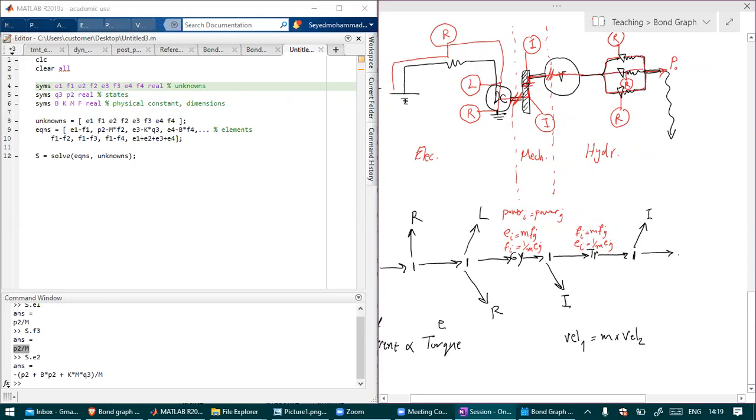The part of the power that flows through the hydraulic system, we have basically the velocity of the motor transforming to the volume, the flow rate of the hydraulic system.